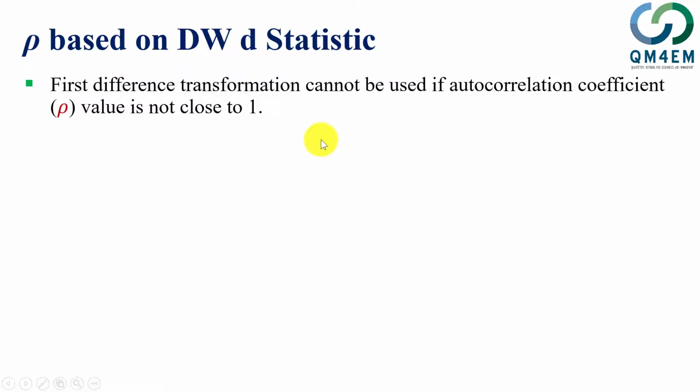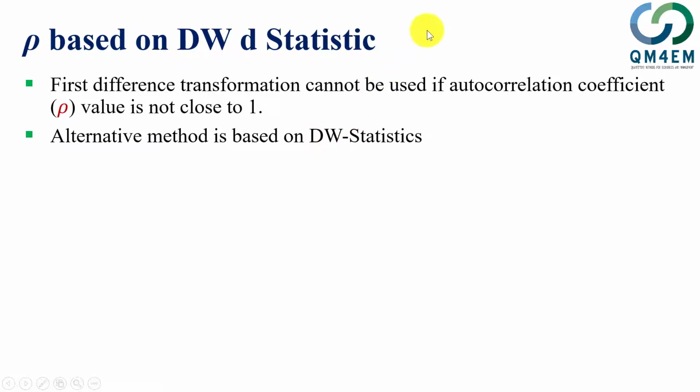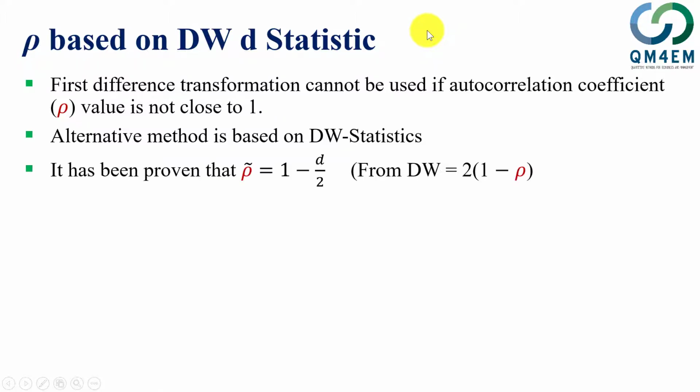So the alternative method for getting the rho value is using the Durbin-Watson d statistic. How can we do that? You may already recall the equation of the Durbin-Watson d test statistic, in which d is equal to 2 times (1 minus rho). If you rearrange this equation, you can easily see that rho is equal to 1 minus d over 2.